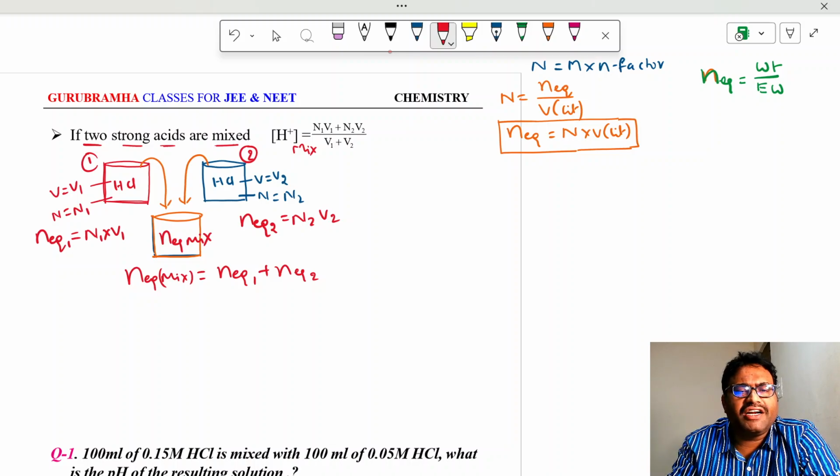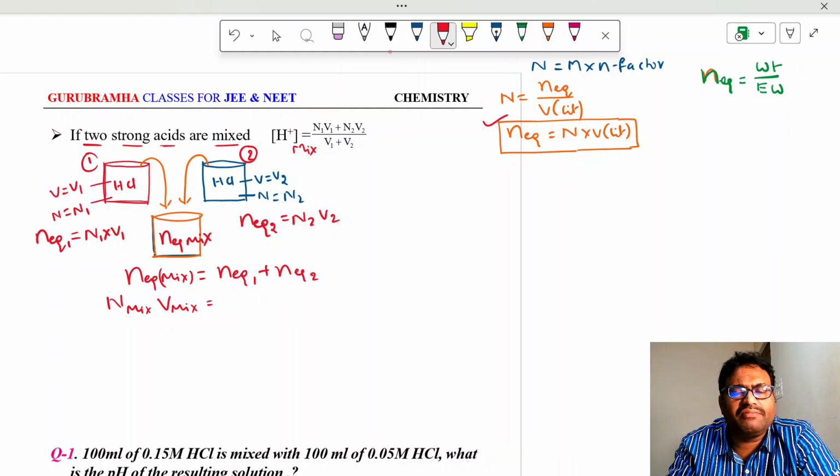Now here number of equivalents is equal to N mix into V mix. Mix means we have a mixture. So the number of equivalents is N1 into V1 plus N2 into V2.